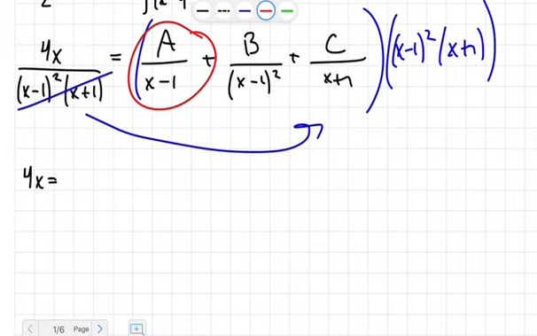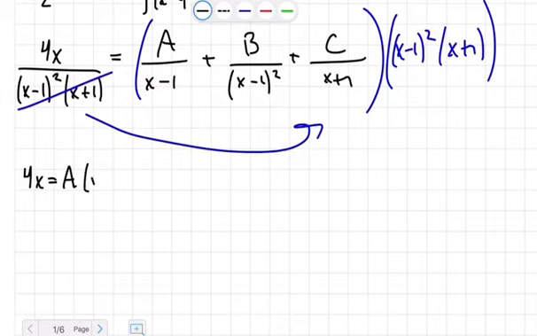And on the right-hand side, we're going to take each one of these 3 terms and we're going to multiply it out. In the first one, this x minus 1 here will cancel with one of the x minus 1s that's being multiplied in, leaving us with a single x minus 1 multiplied by x plus 1. So we have a times x plus 1 times x minus 1.